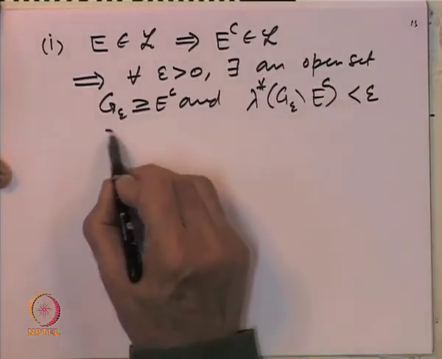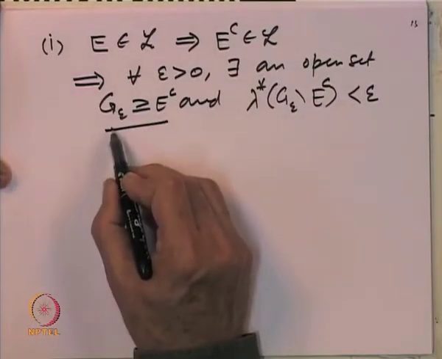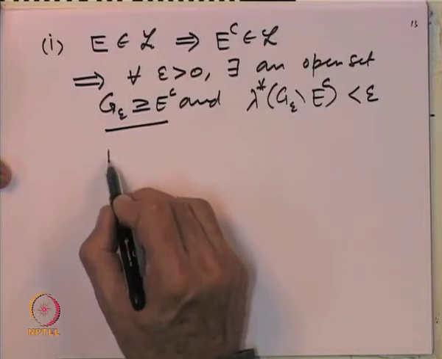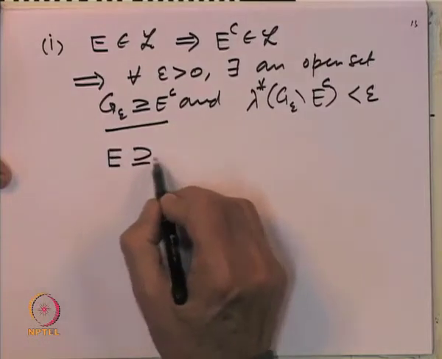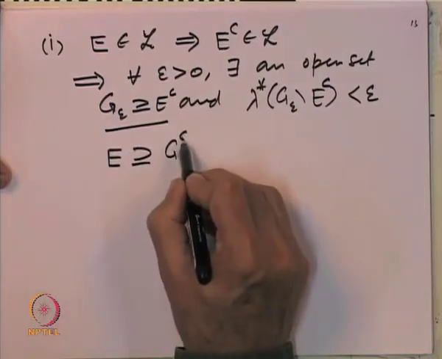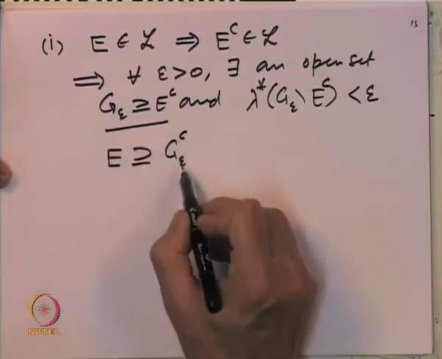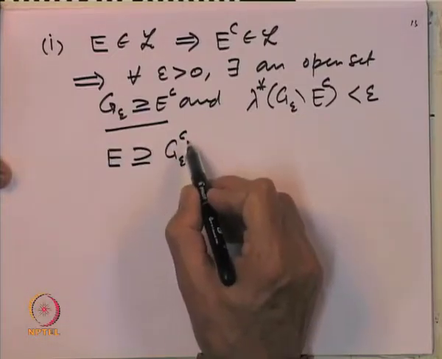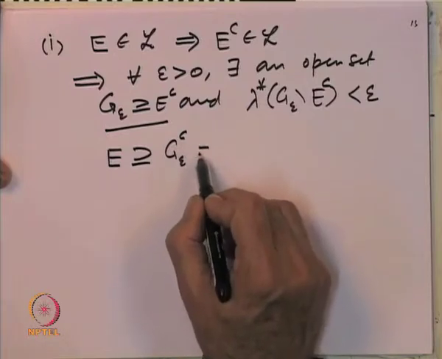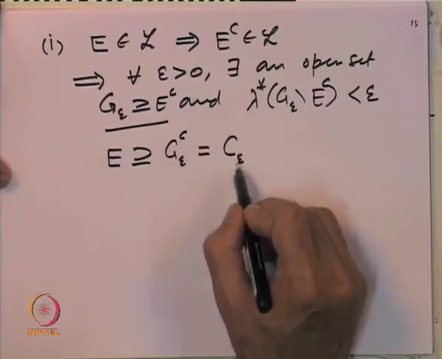Now, if E complement is inside G epsilon, that means E will include the complement of G epsilon, and note G epsilon is an open set, so its complement is a closed set. So, let us call it C epsilon.